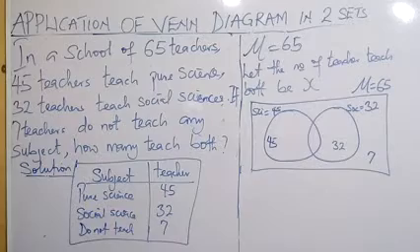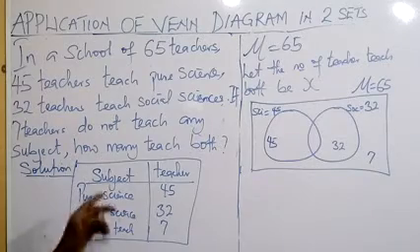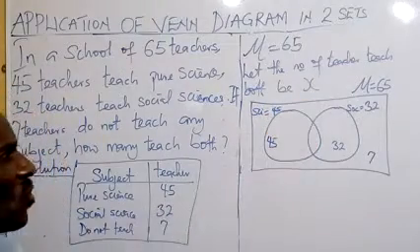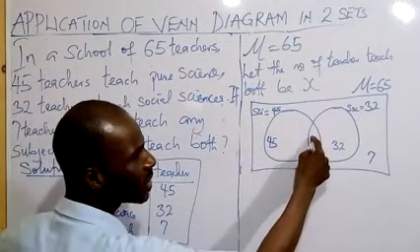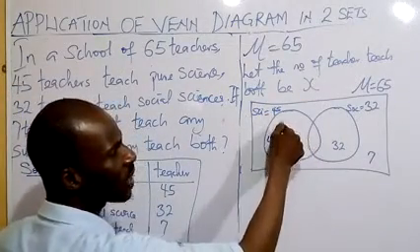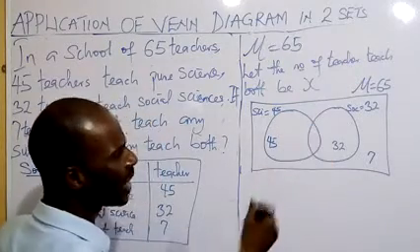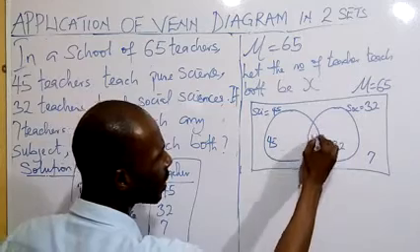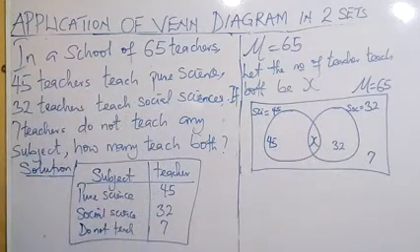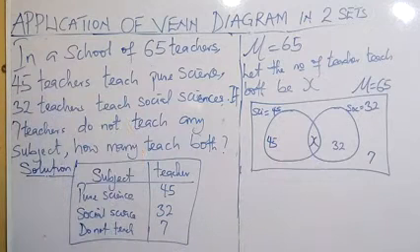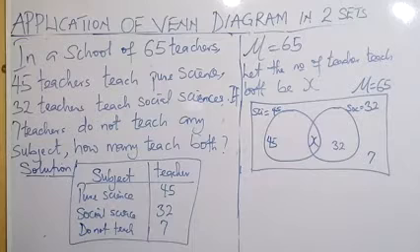So don't forget, we represented the number of teachers that teach both subjects as X. So this is the point of intersection of social science and science. We call this region X. Now we want to calculate the number of teachers that teach both subjects.